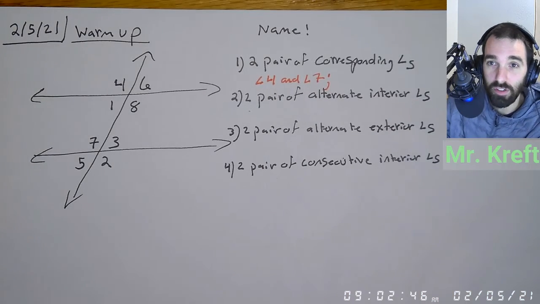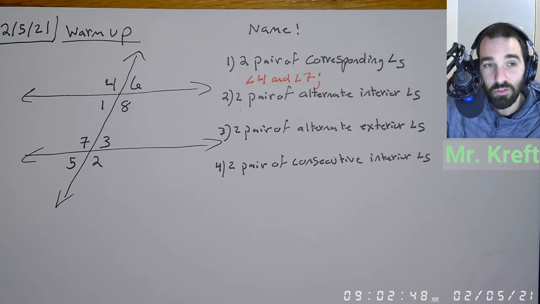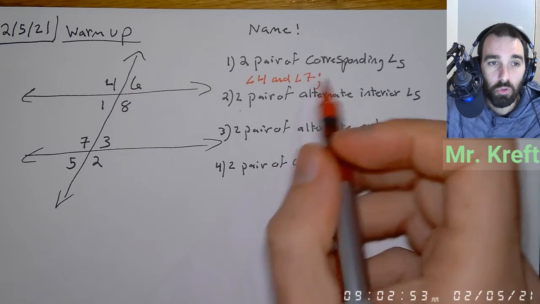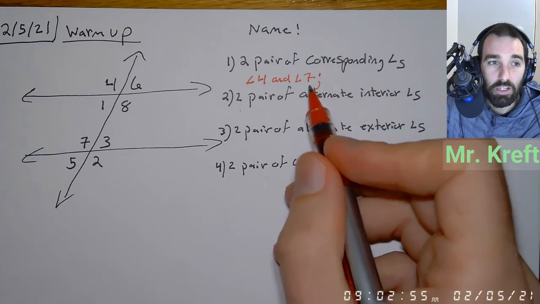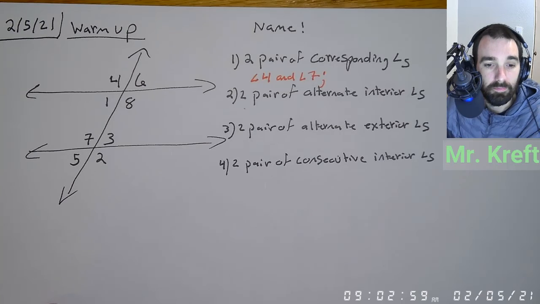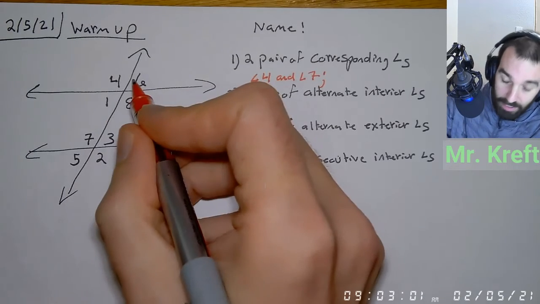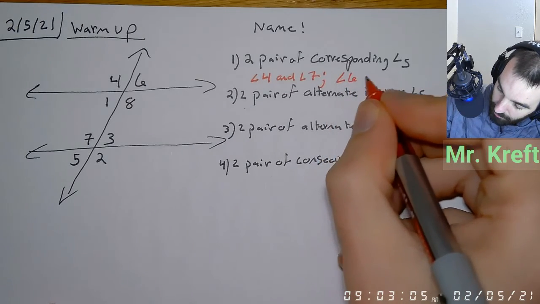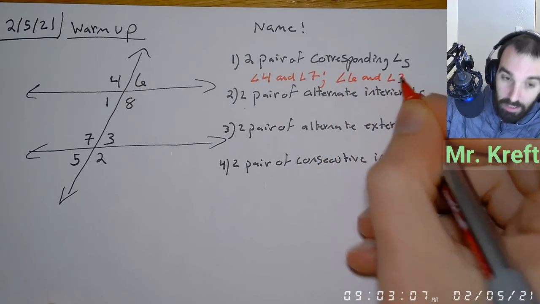So if we do 4 and 7, does someone want to suggest another pair? In chat, you can type in another pair. What other angles do we have, guys? Can someone type into chat what we have for corresponding angles? Yeah, 6 and 3. That is the upper right with the upper right. So I can say angle 6 and angle 3.